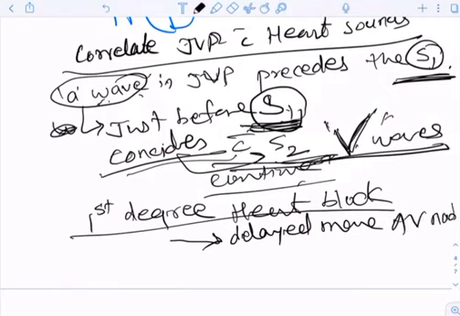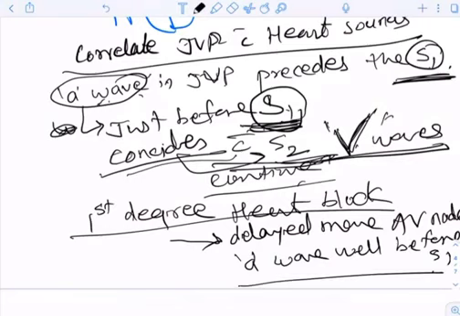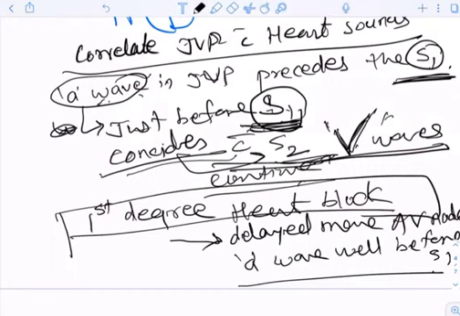So the A wave will be well before S1. As I told you, physiologically it comes just before S1, but if there is first degree heart block, the A wave will be well before S1. You can differentiate both readily, so it indicates there is a first degree heart block. So these were the clinical correlates with the jugular venous pressure.